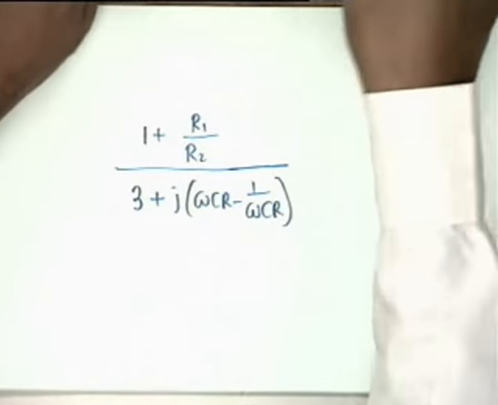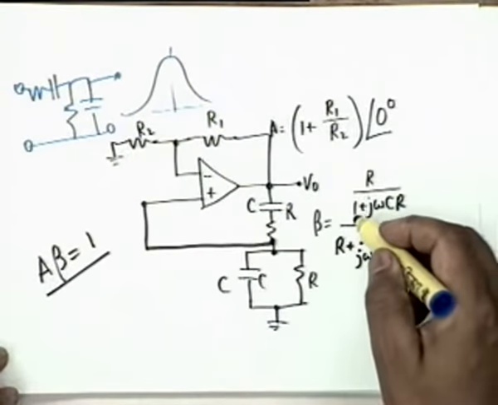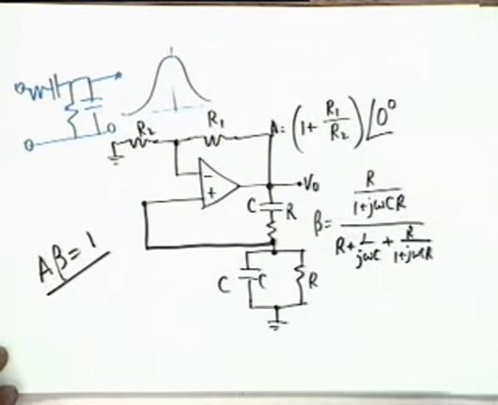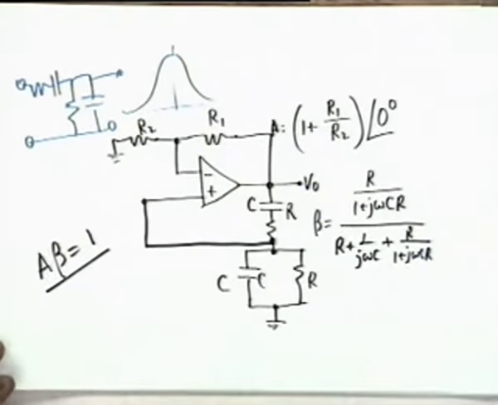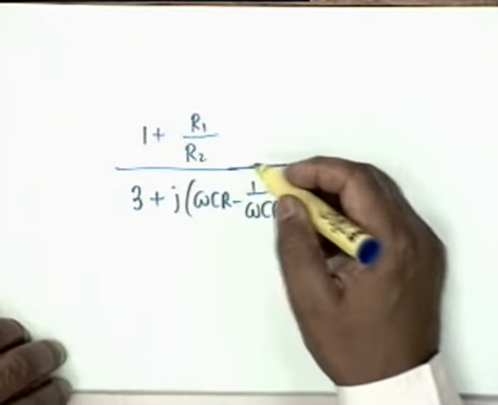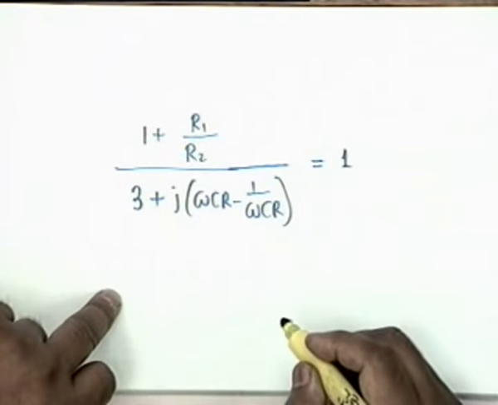The expression for beta, if you clear off 1 plus j omega CR, and j omega C goes up, it becomes j omega CR divided by a polynomial. Then you divide both the numerator and denominator by j omega CR. With this simple algebra, you can show that this is the final result. Beta is 1 by 3 plus this, and this has to be equal to 1.